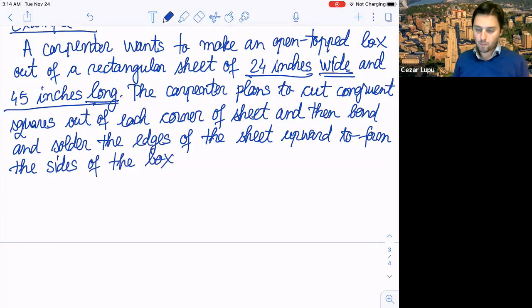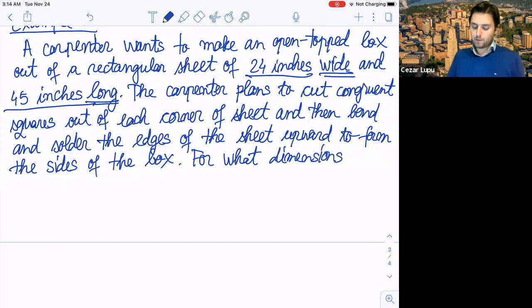Okay, now we're asked for what dimensions the box has the greatest possible volume.